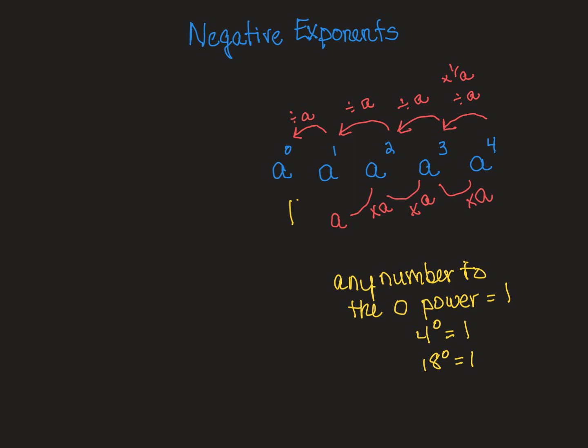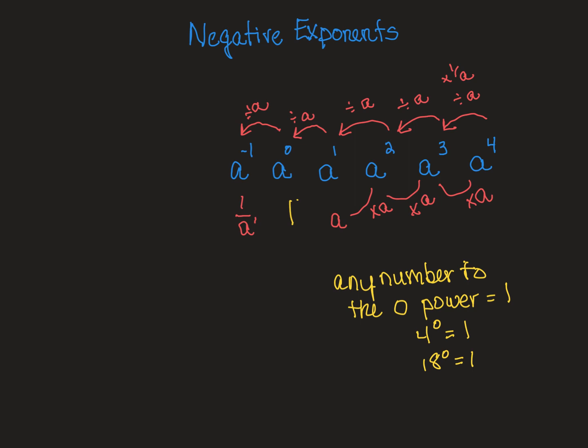Okay, so what about negative exponents? What if we have a to the negative 1? Well, we are again going to divide by a, going to the left. A to the negative 1 is 1 divided by a to the first power. And what that negative says is you're multiplying by the reciprocal.